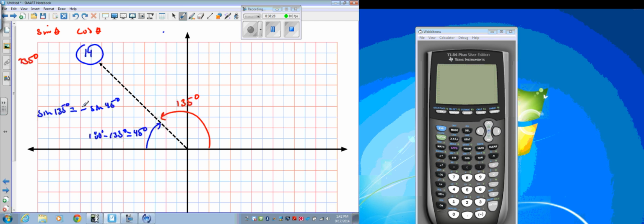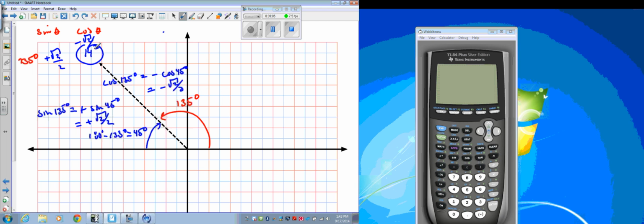So it's going to be plus square root of 2 over 2. Now, the cosine of 135 degrees equals negative cosine of 45 degrees, which is negative square root of 2 over 2.